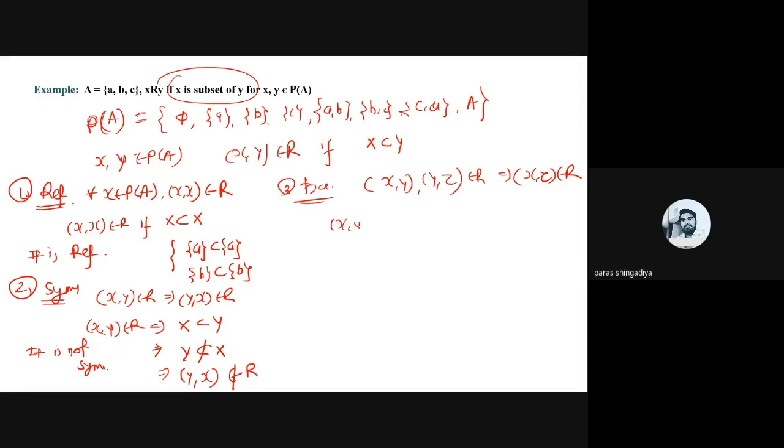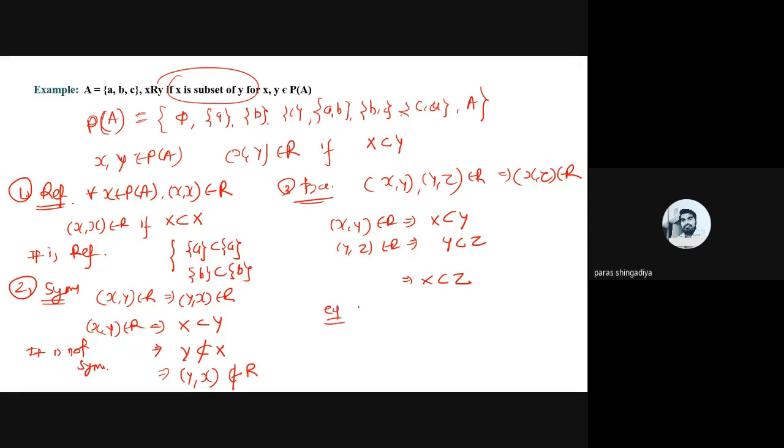So (x, y) belongs to R means x is a subset of y. (y, z) belongs to R means y is a subset of z. If x is a subset of y, and y is a subset of z, then we can easily say that x is also a subset of z. Clear? That is simple, and you can consider this example.